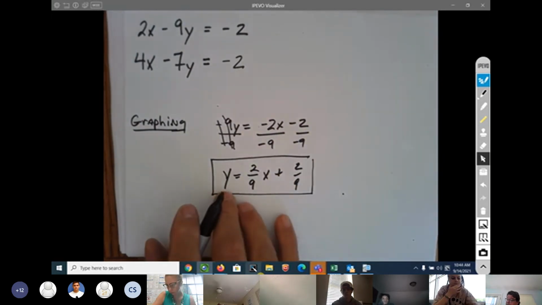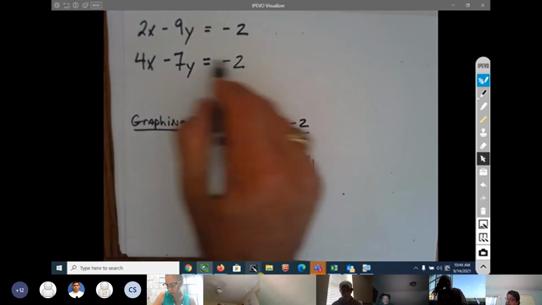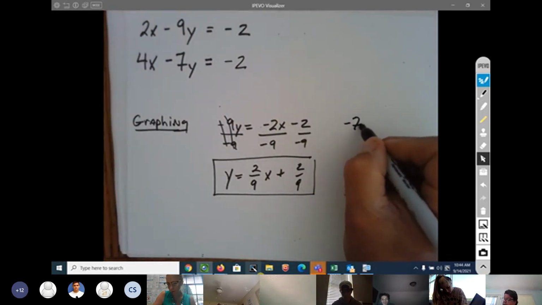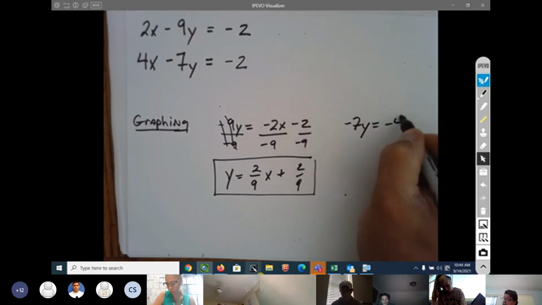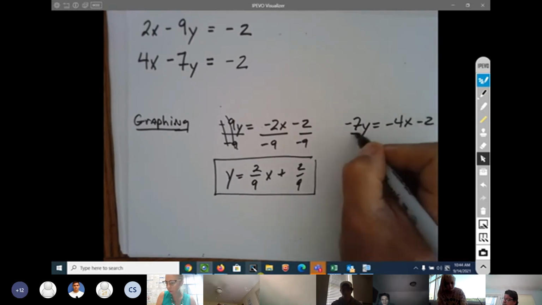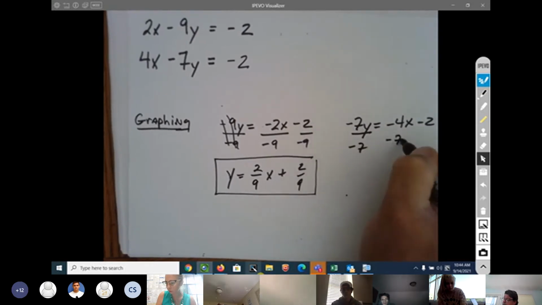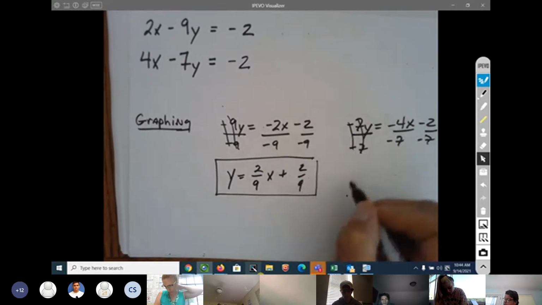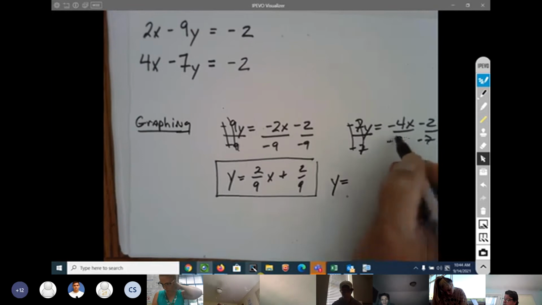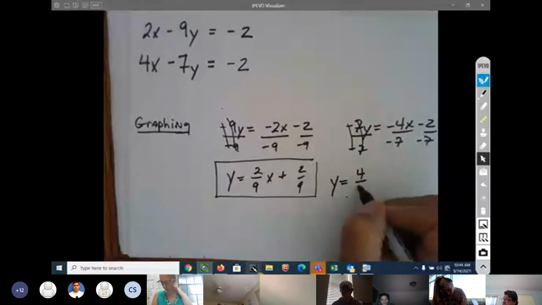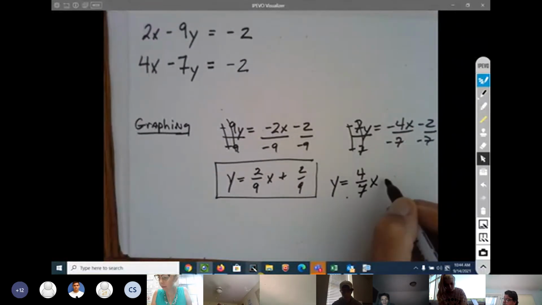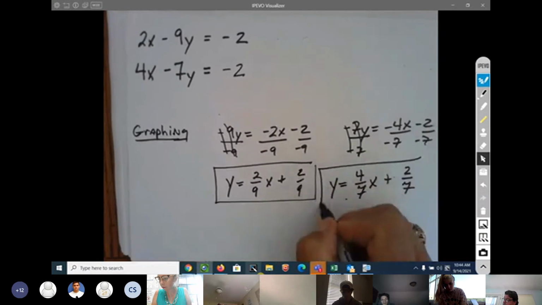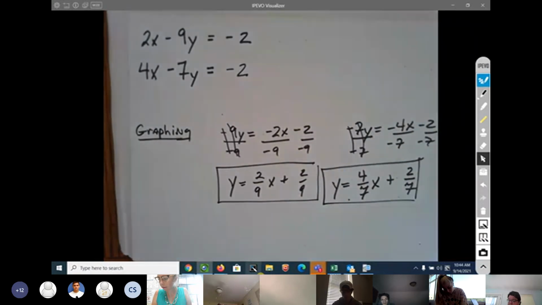So you graph that one. And now let's do this one. That's going to be negative 7y is equal to negative 4x minus 2. And that's going to give you y is equal to 4/7 x plus 2/7. Let's plot those two.